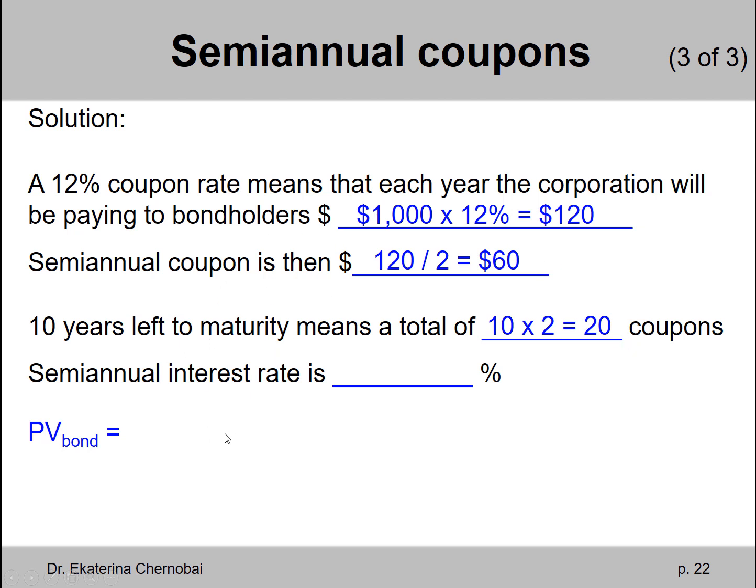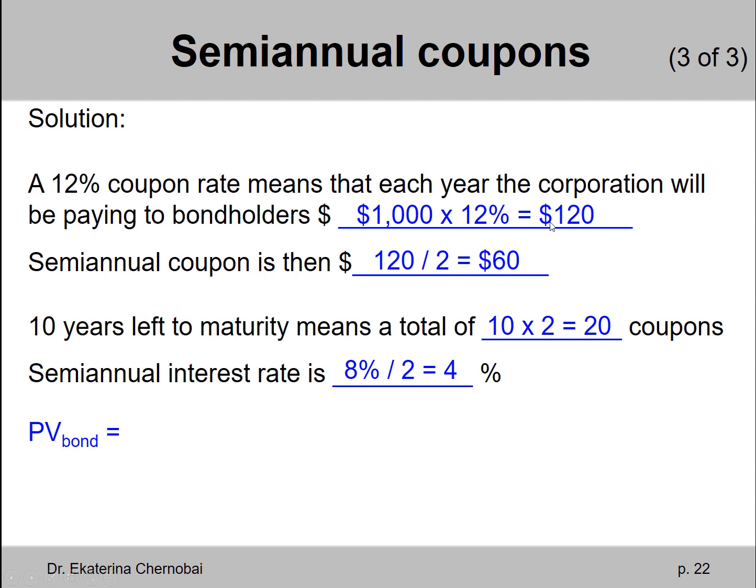To be consistent, everything throughout our calculations of the bond value should reflect this semi-annual frequency. So for the IY, the yield to maturity, we need to use the semi-annual interest rate. If per year it's 8%, which is given, then we need to divide it by 2. And 4% is the correct discount rate that we will use.